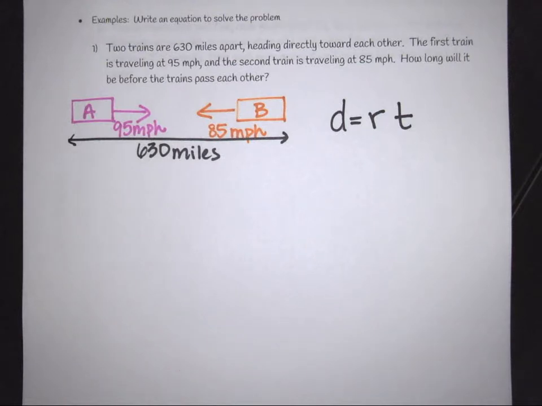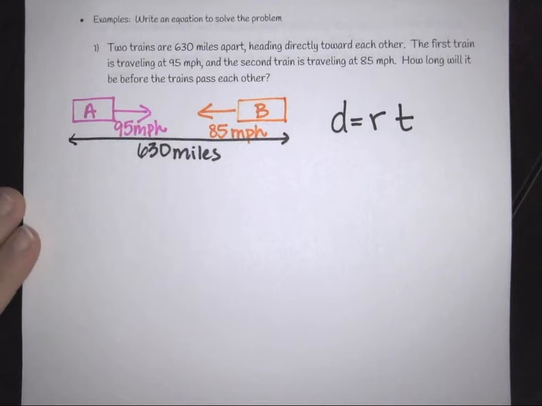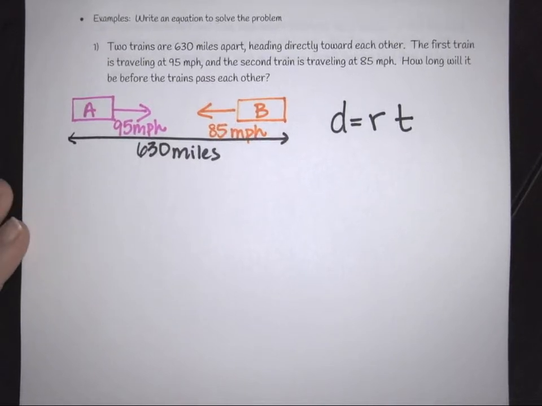So to do that, I have to be able to fill some information in. So first thing that I need to know is I have two trains that are traveling towards each other. So when you have trains traveling towards each other, what that means is that your rates have to be added together.